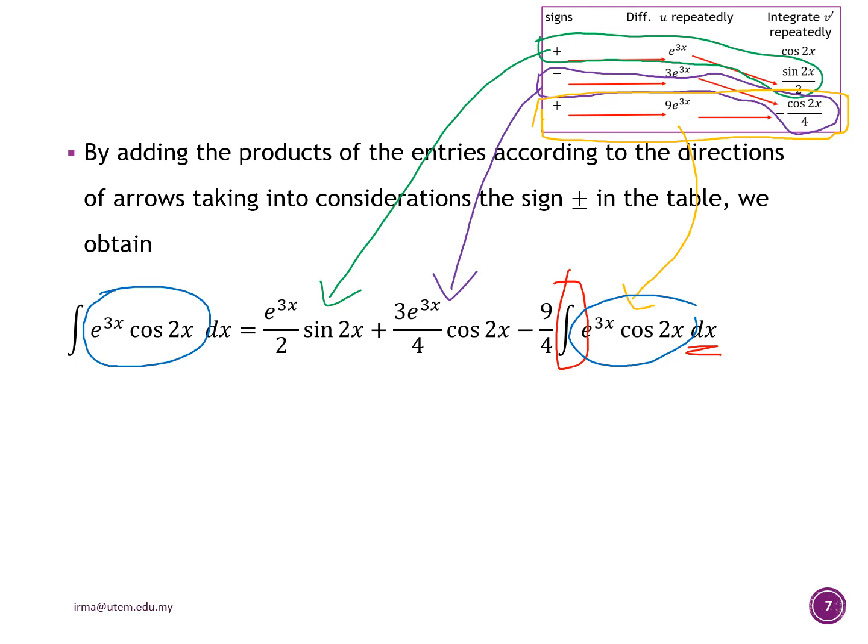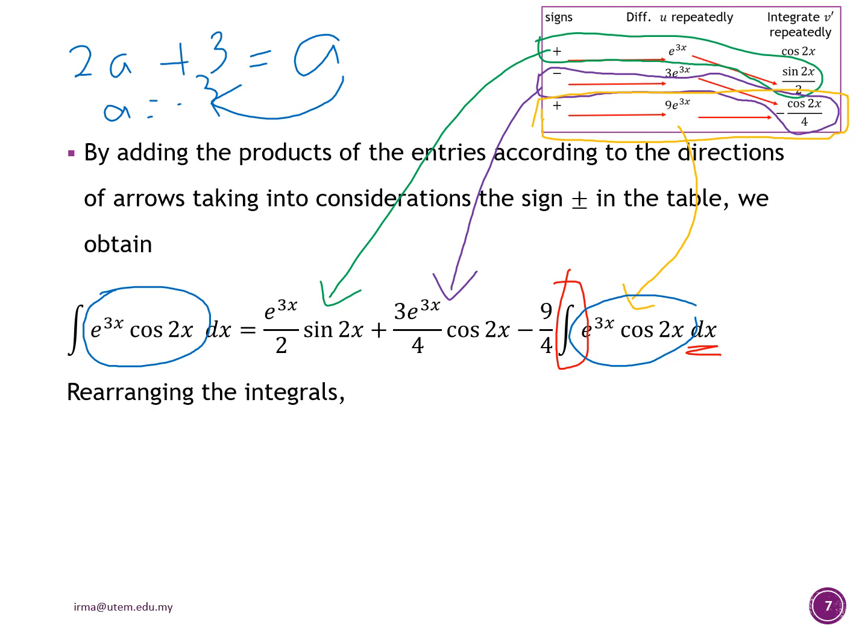It's just the same as if you have 2a plus 3 equal to a. What you can do is bring a to the left, so you have a equal to negative 3. Same as this integration, you just bring that negative 9 over 4 to the left hand side.